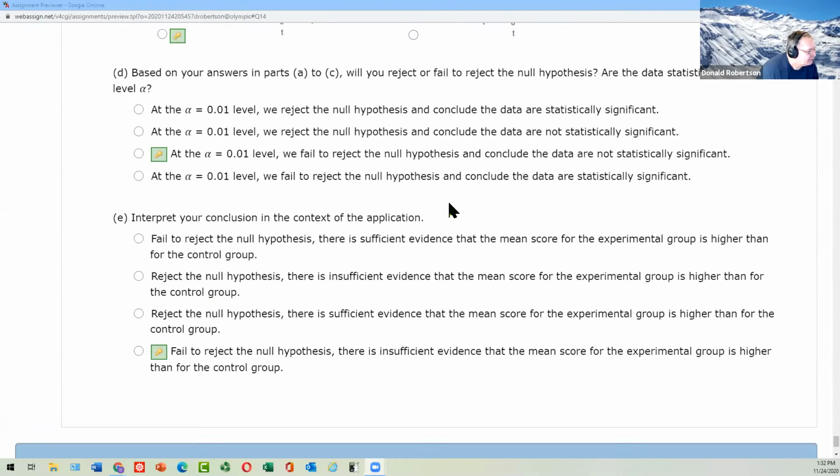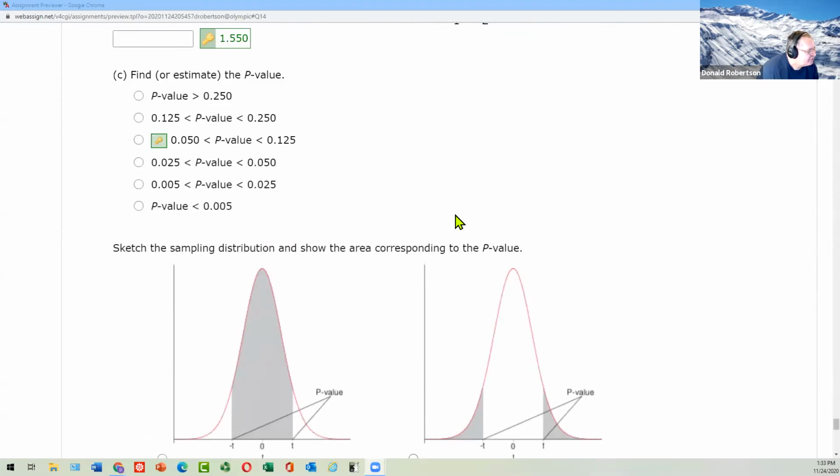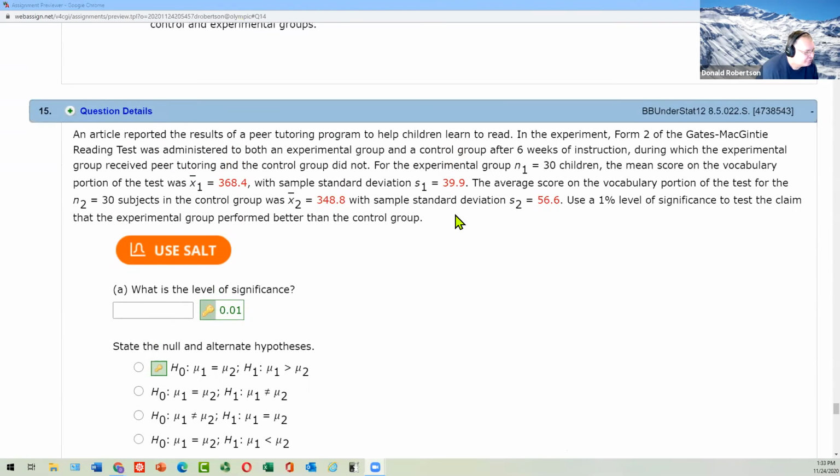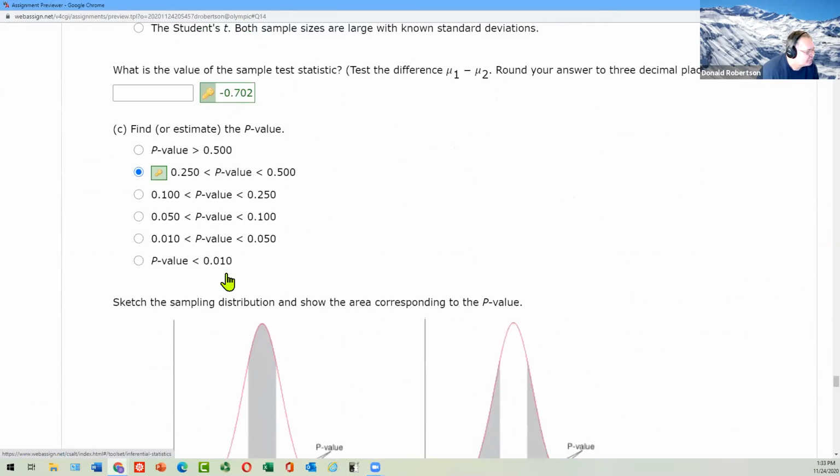Okay, so basically, not quite sure where we are right now. We've got question 15, and it's essentially the same question again, so I'll just leave you to fight your way through that one. But just like the ones we've done, there's your X1, there's your S1, there's your whole story, and you're good.